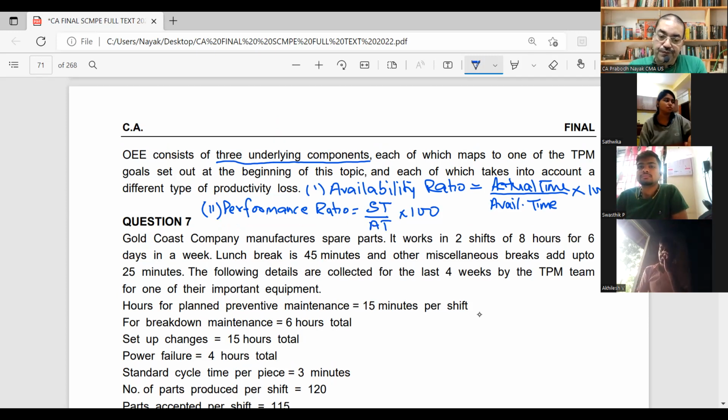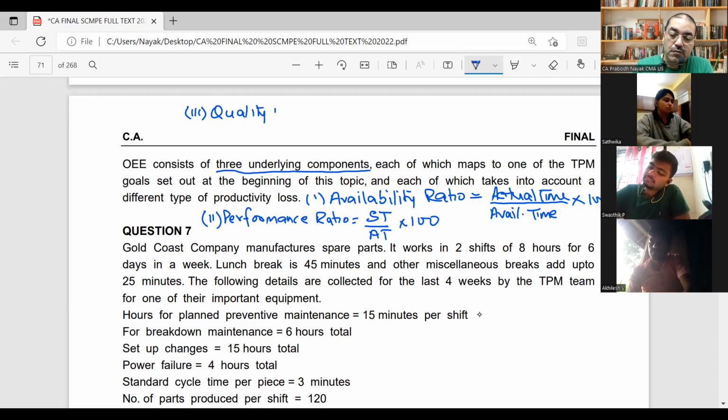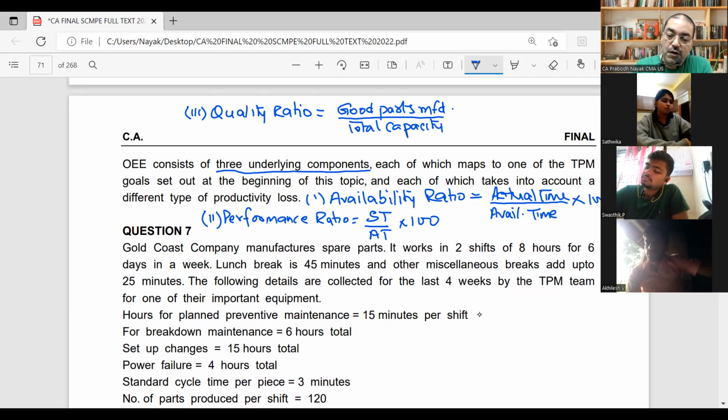Third, the third ratio can be the quality ratio. Simply put, good parts manufactured upon total capacity into 100.